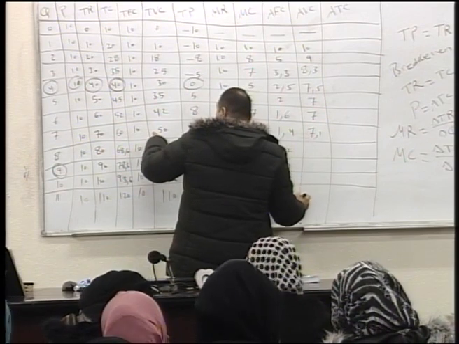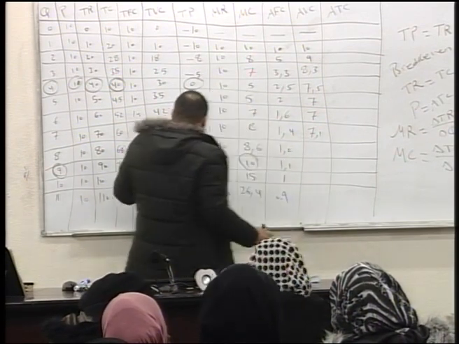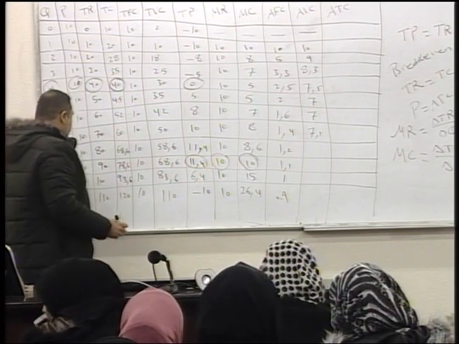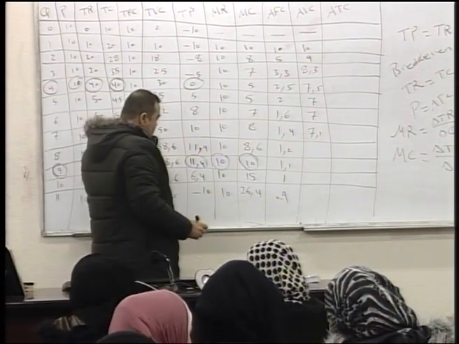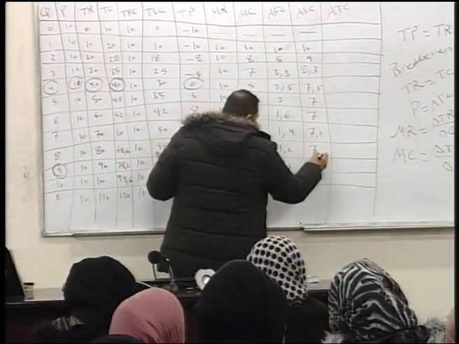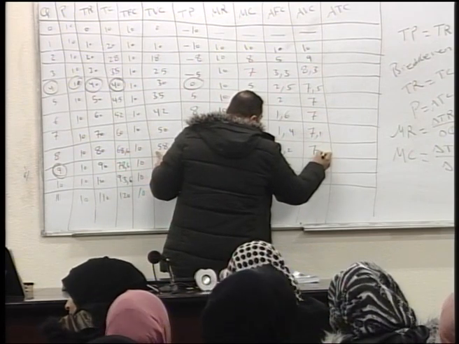And then 58.6 over 8, how much is it? 7.3.